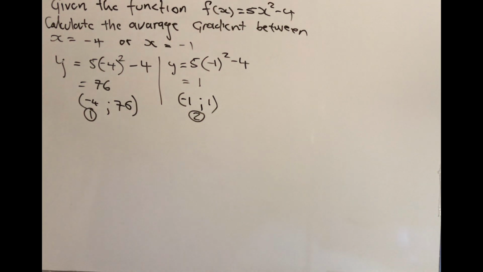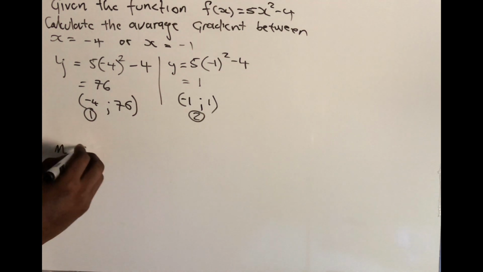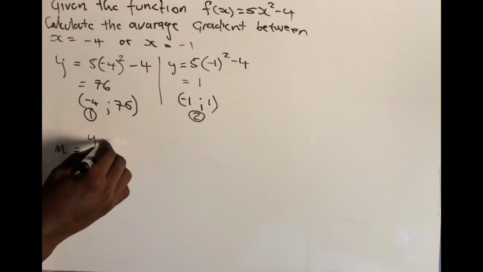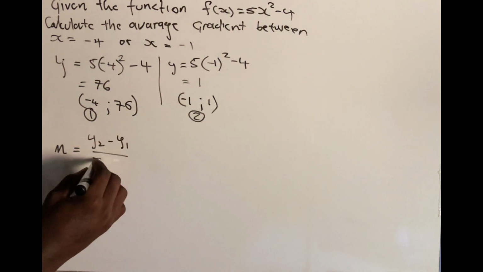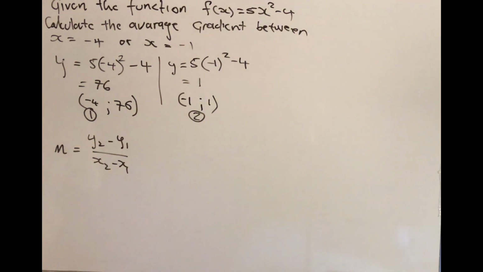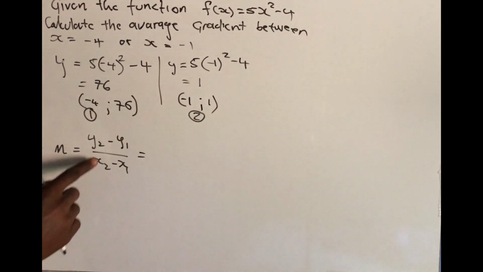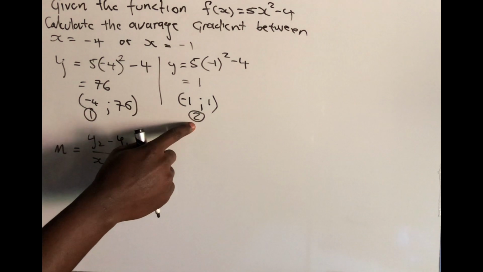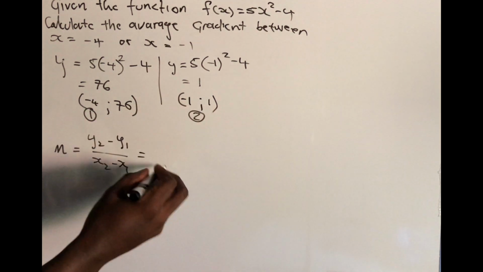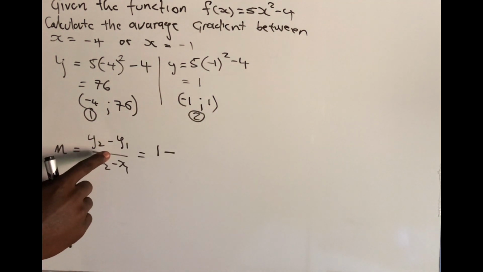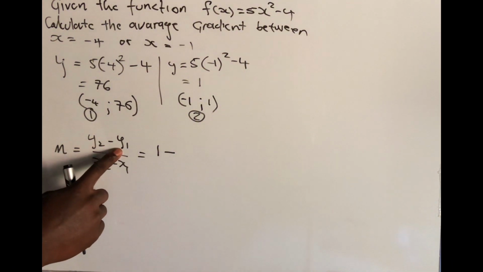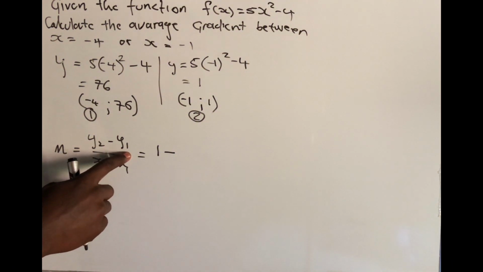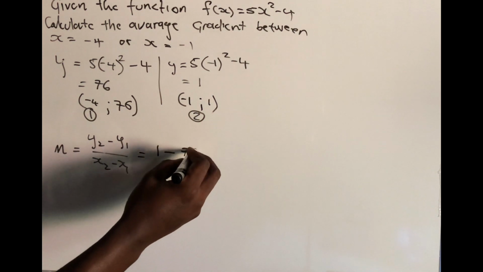And then how do you go about calculating your gradient? You'll simply say gradient equals y2 minus y1 over x2 minus x1. And then what's your y value at your second point? Y value at the second point is 1, minus what's your y value at the first point? Y value at the first point is 76.